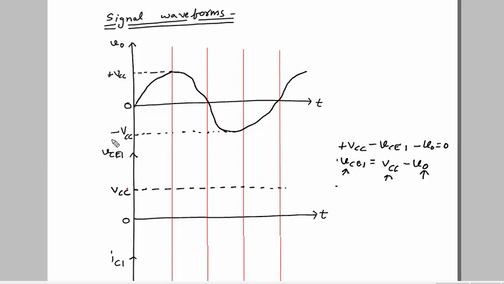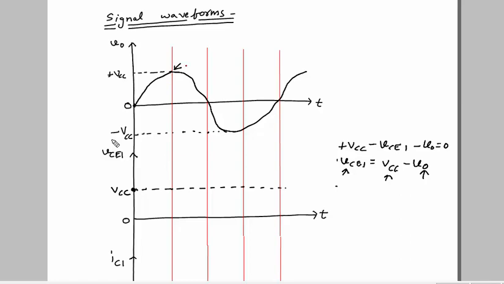Now let us see. When V naught is 0, at that time VCE1 will be VCC, so VCE1 will be here. Now at this point, what is V naught? V naught is VCC.